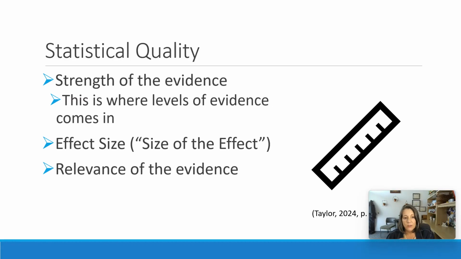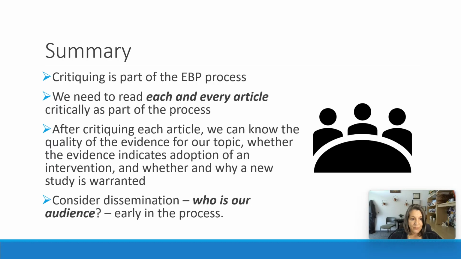This is where our levels come in. Did they have a good effect size, which Johns Hopkins doesn't really talk about? And then was the evidence relevant, which Johns Hopkins does talk about? Was the evidence that they provided relevant to the issue that we were looking at in our literature review?